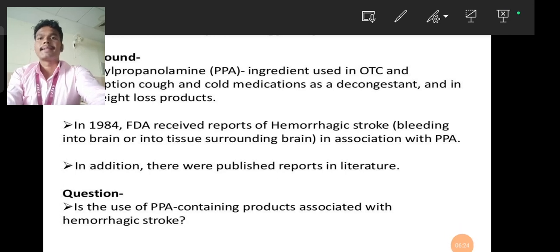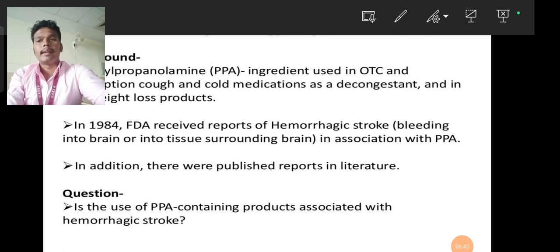For example, a signal identified via spontaneous reporting and confirmed by a formal pharmacoepidemiological study. The background of the study is the drug phenylpropanolamine, an ingredient used in OTC and prescription cough and cold medications as a decongestant, and also in OTC weight loss products.